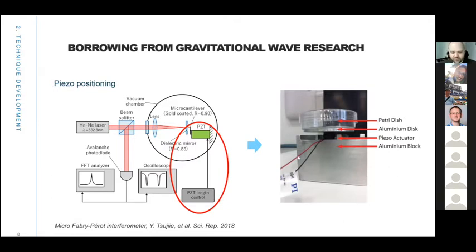The first piece of technology was a method of producing vibration, and here we've used piezo actuators attached to Petri dishes, and these are quite high accuracy, nanometer accuracy piezo actuators, the sort that you might see in various interferometer systems, and obviously we need to control these with various control systems to produce the vibration frequencies and amplitudes we're interested in.